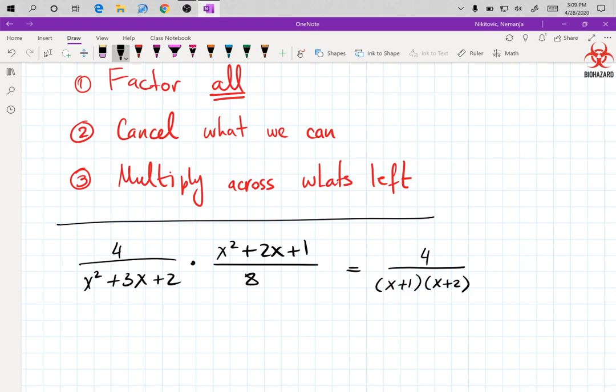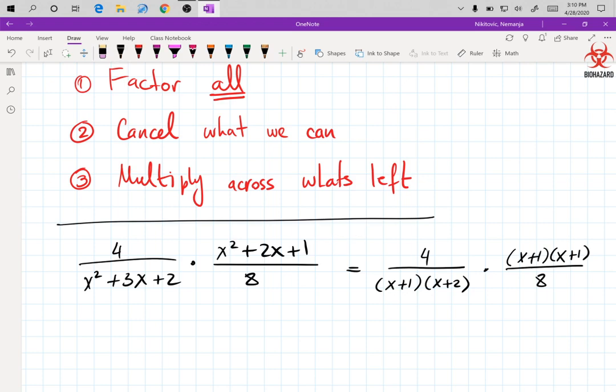How do we know this? Because the factors of 2 are 1 and 2. When you add 1 and 2, you get 3. So we're good to go. We know this from chapter 6. The other factoring here, also from chapter 6, is going to be x plus 1 times x plus 1. You can also write it as x plus 1 squared, divided by 8.